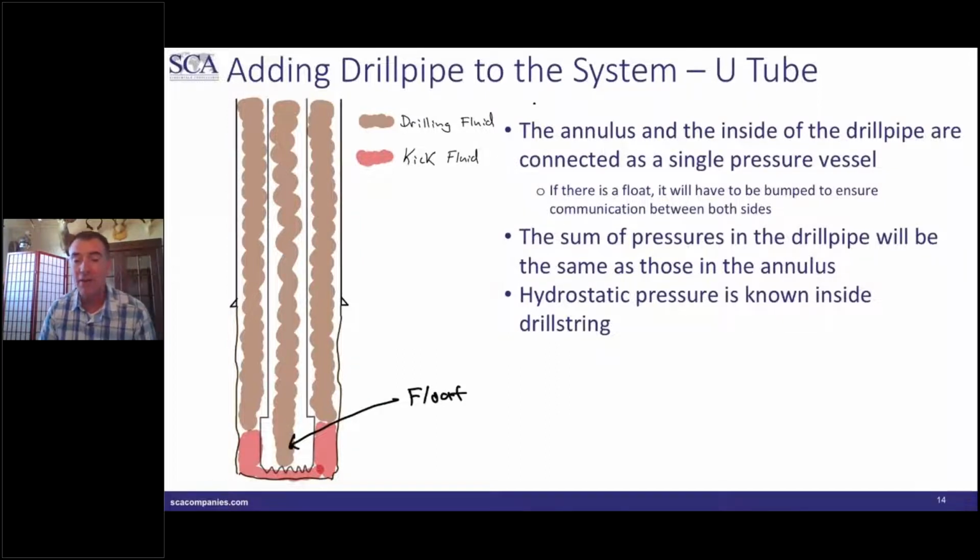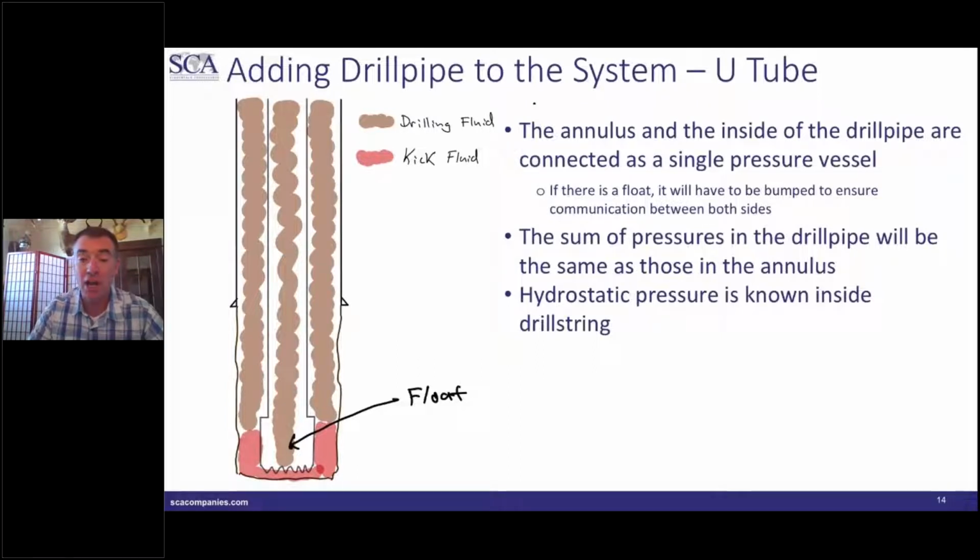If you have a float in the system, that is supposed to keep things from going up your drill pipe. Well, anybody that's been around them knows that they leak most of the time, so that actually may not be doing it. But the simple matter is that you're usually drilling, so you're pumping fluid down the inside of your drill pipe. When you take this kick, there's no opportunity for the kick to go up your drill pipe since you're pumping.